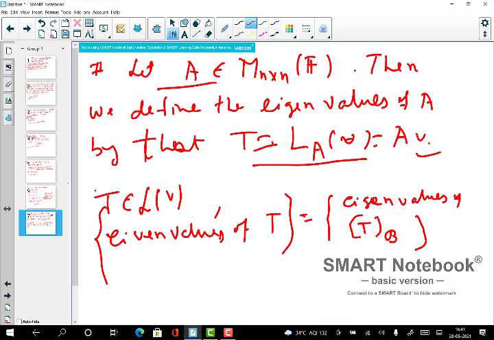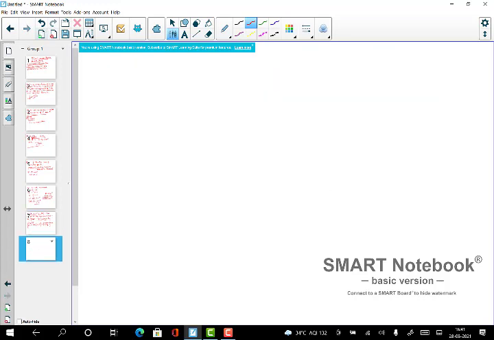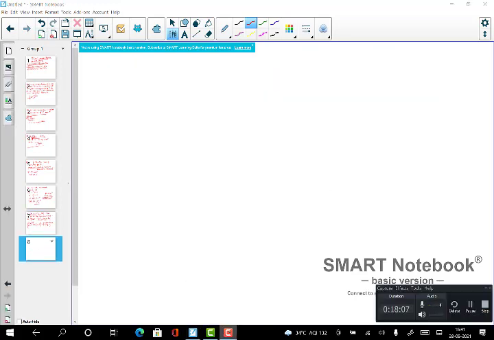Now we are going to give some equivalent conditions for eigenvectors and eigenvalues for a finite dimensional vector space.